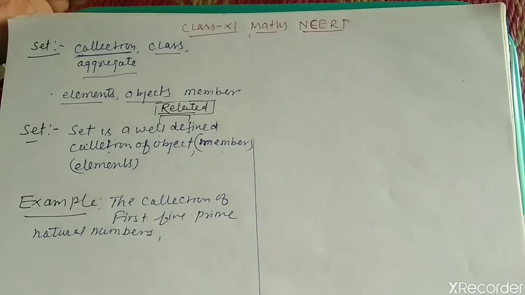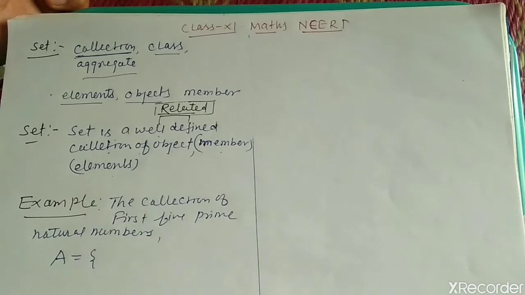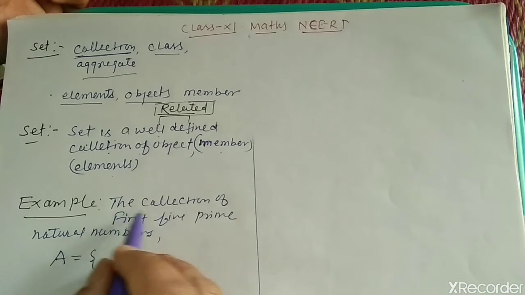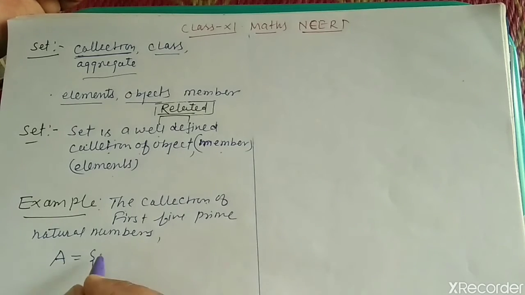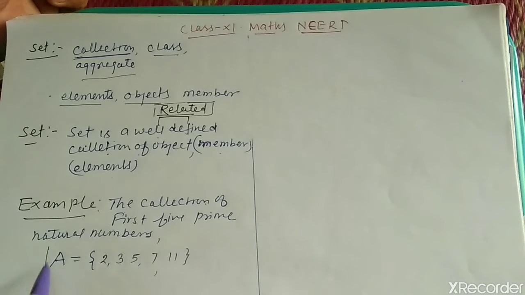So, we can write it as A is equal to, curly bracket start, the collection of first 5 prime numbers. So, 2, 3, 5, 7 and 11, clear.